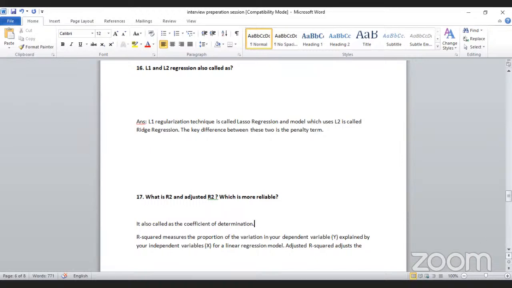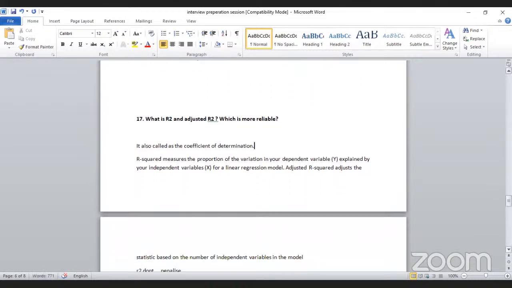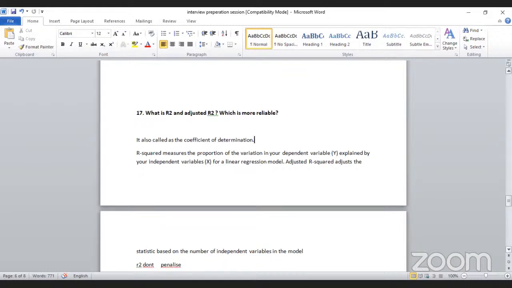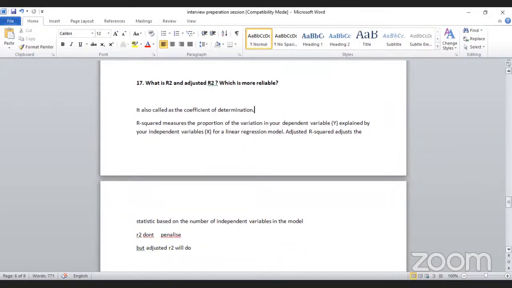And the adjusted R squared adjusts the statistic based on the number of independent variables in the model. R2 doesn't penalize, but adjusted R square will.